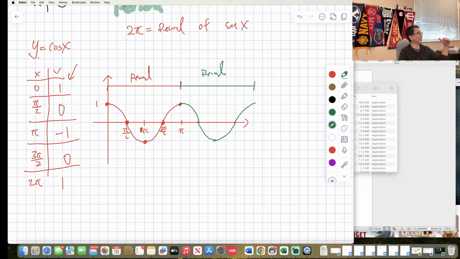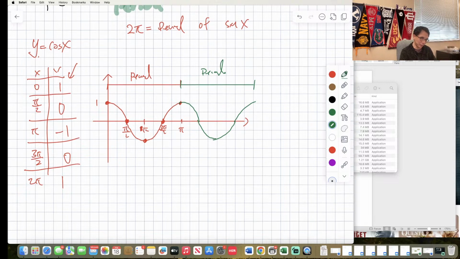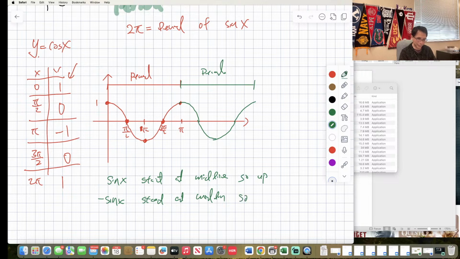The sine graph starts at the midline. So I will write this down to help you. Sine x starts at the midline and goes up. Negative sine of x is a reflection. It starts at the midline and goes down. Does that make sense? If you have negative sine of x, you start at 0, and it's going to go down, to the trough first.